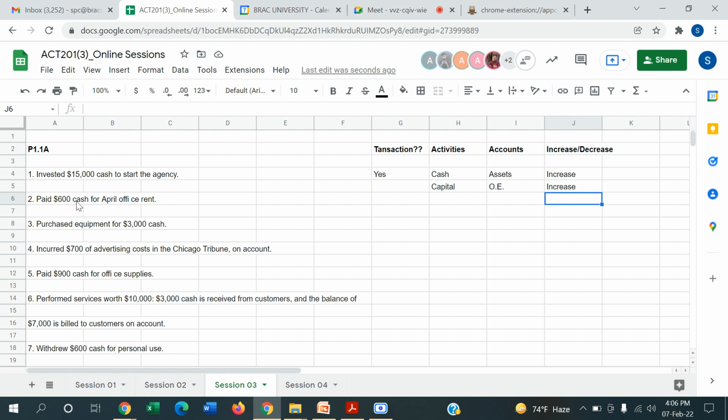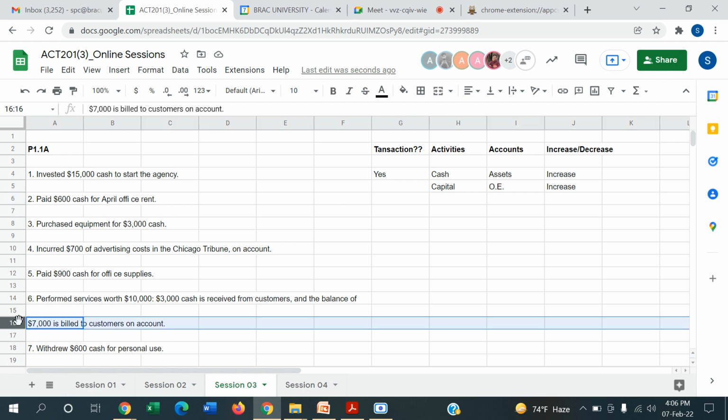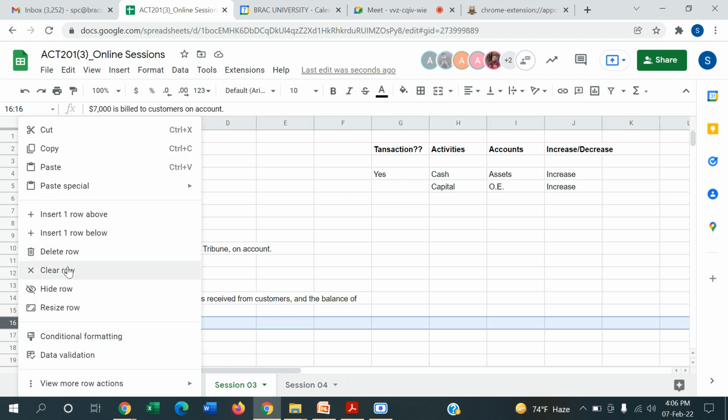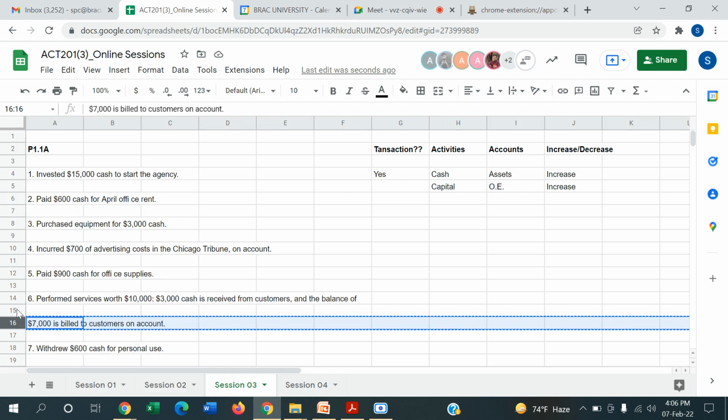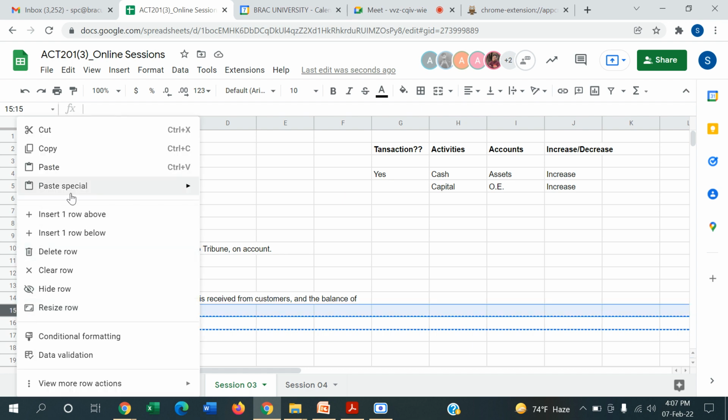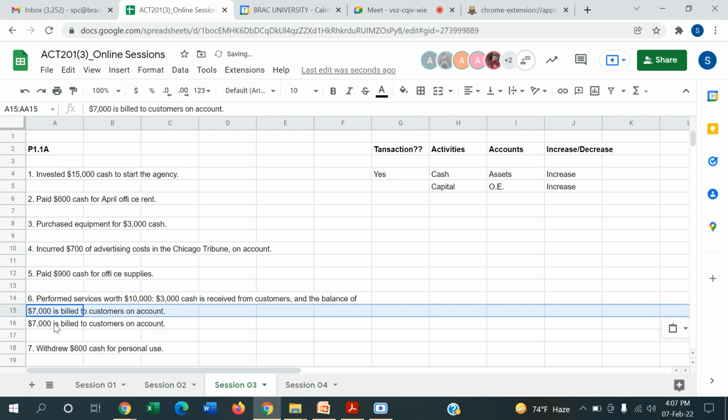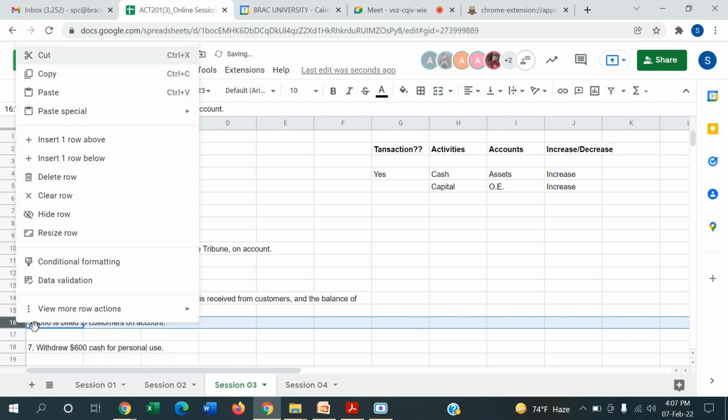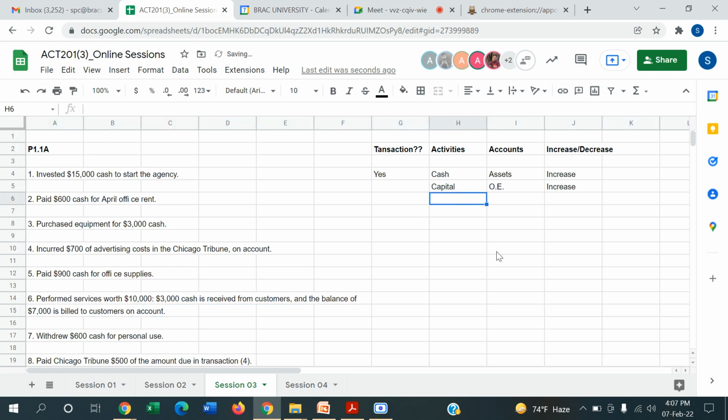Second one: paid 600 cash for office rent, April's office rent. Is it a transaction? Yes sir. So if it is a transaction, what accounts will be affected, or what activities are related with that?